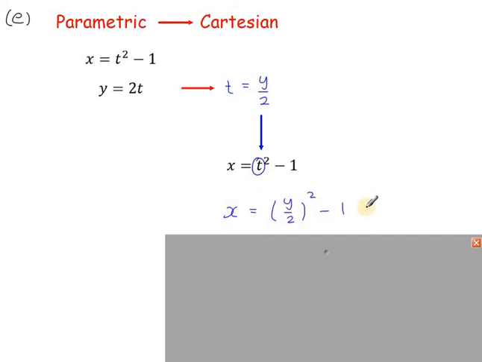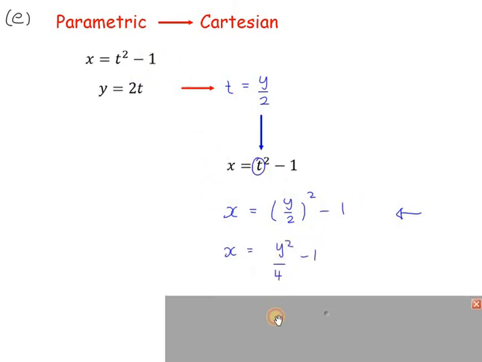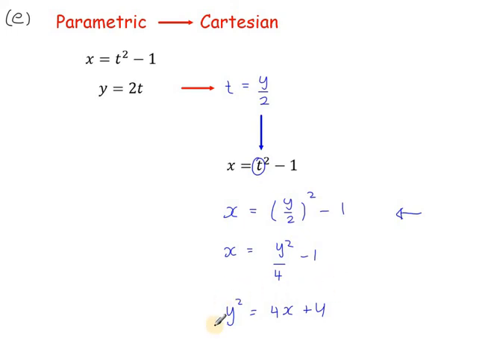I have now eliminated the parameter t, so this is a Cartesian equation. You can simplify this, but we do have a Cartesian equation right here because the parameter t has been successfully eliminated. We don't have to write this as y is equal to. This is perfectly fine for the Cartesian equation.